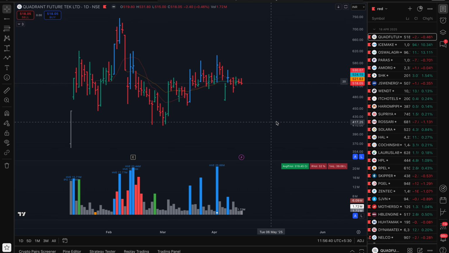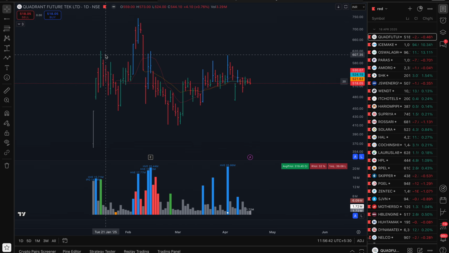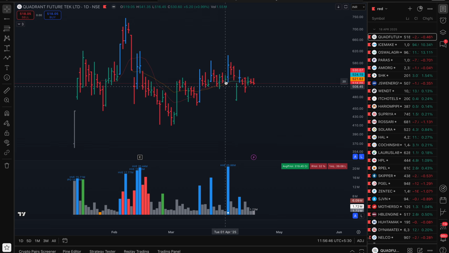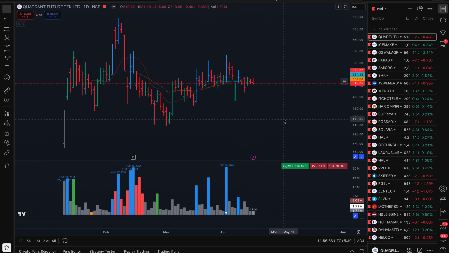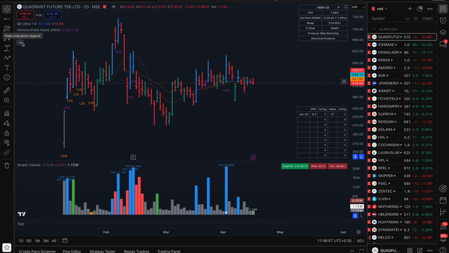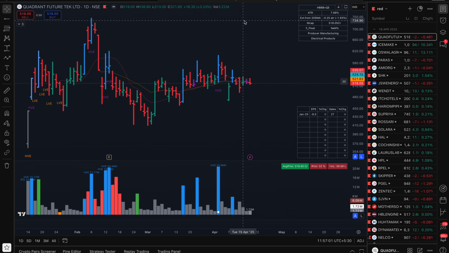So now Quad Future looks like an IPO base, and in this region the price action is not so great, but in this region here, for the last 5 days, the tightness is extremely tight. So why do I say the tightness is extremely tight?